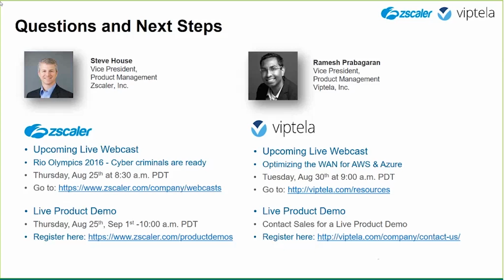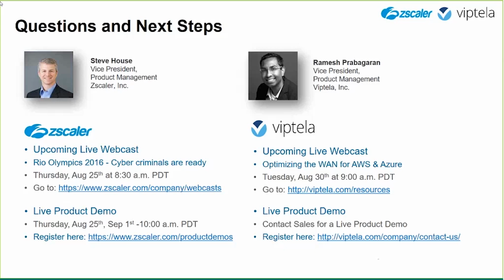I have next question for Steve. Steve, the question is, will the Zscaler Viptela solution work if the customer wants to use MPLS and broadband as the overlay network? Yeah, absolutely. From a Zscaler perspective, that's transparent. The traffic destined for the public internet would go through the Zscaler service, so any SaaS applications, public websites, et cetera.